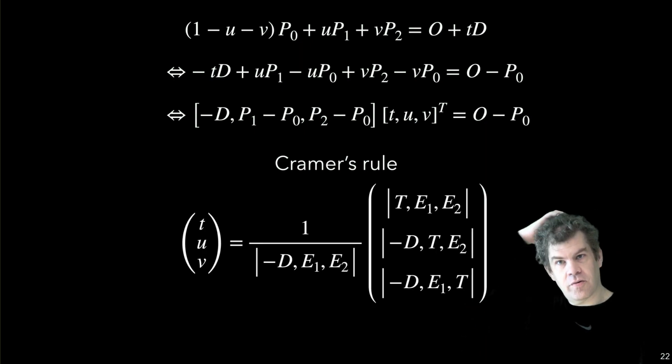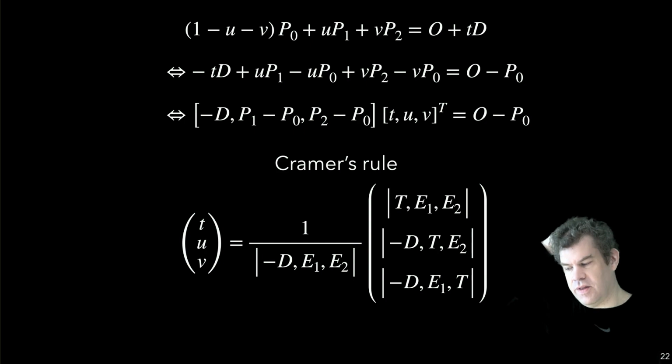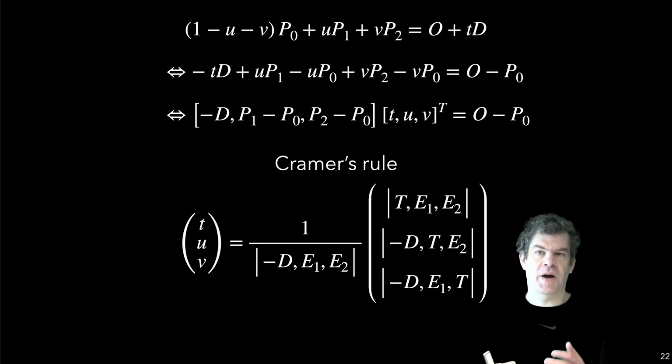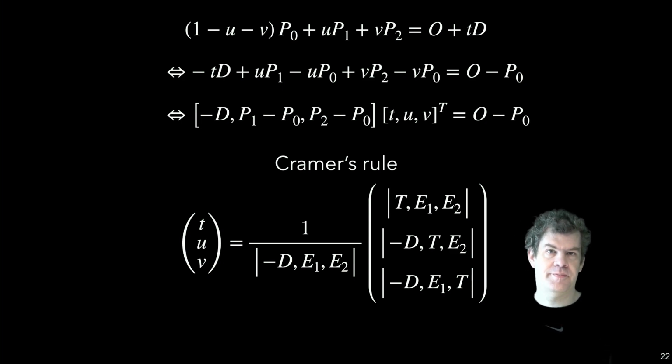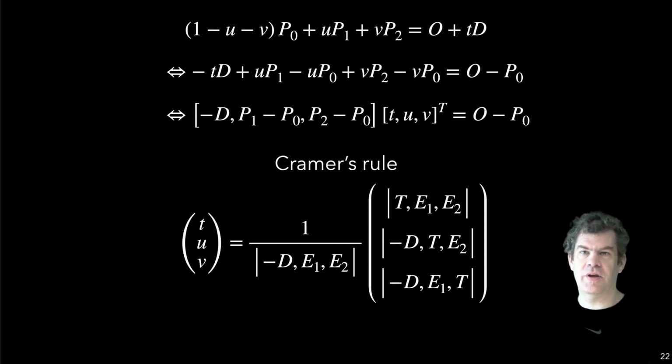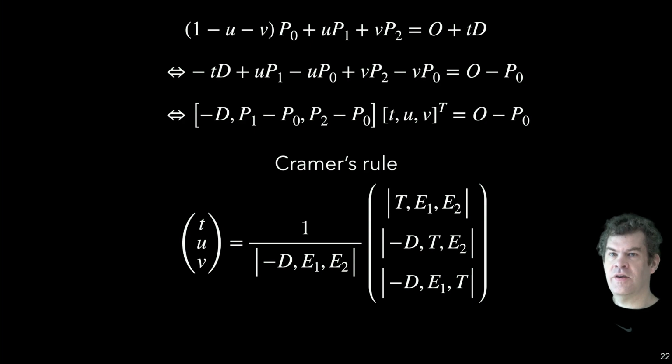So again, Cramer's rule, in case you don't remember, is a way to solve a system of equations by means of determinants. And it's a pretty strange thing. I'm not going to prove Cramer's rule here. It's actually not hard to prove, and you should have done this in linear algebra. But I just give you the final result.